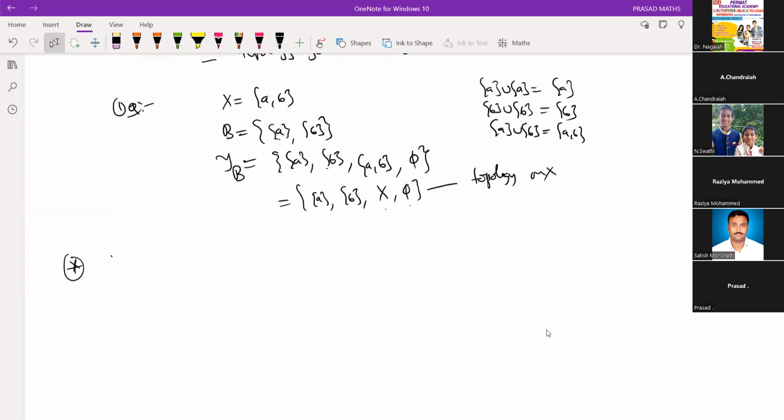Next is the metric topology. Once you are given a metric space, every metric space is a topological space. This metric d induces a topology on X. This topology is nothing but the induced topology or metric topology.